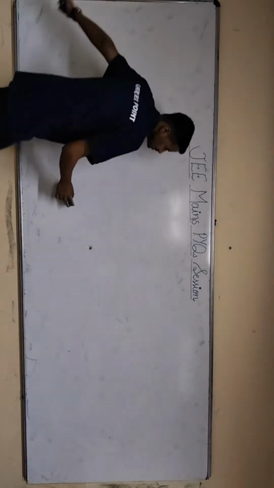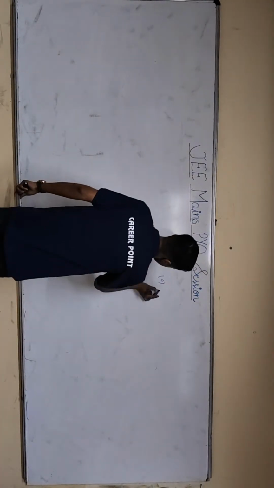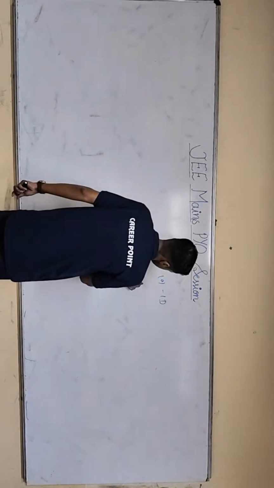You have a thin glass which has a refractive index 1.5 and optical power minus 5 diopter in air. What is the optical power in a liquid medium which has a refractive index 1.6? You have 4 options. Pick up the first option, minus 1 diopter.